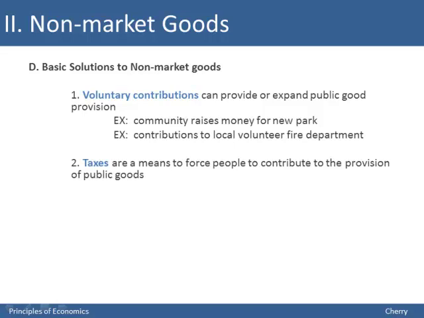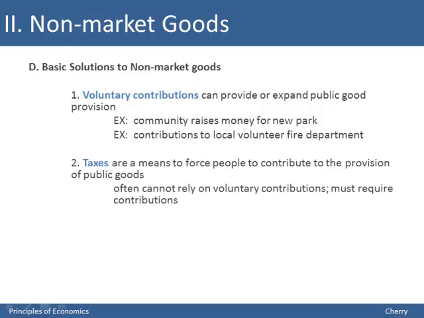So the next thing that steps in there is taxes. And essentially taxes are forced contributions to these public goods. Since we can't rely on voluntary contributions because that free rider problem is so strong, we must require contributions by means of a tax.